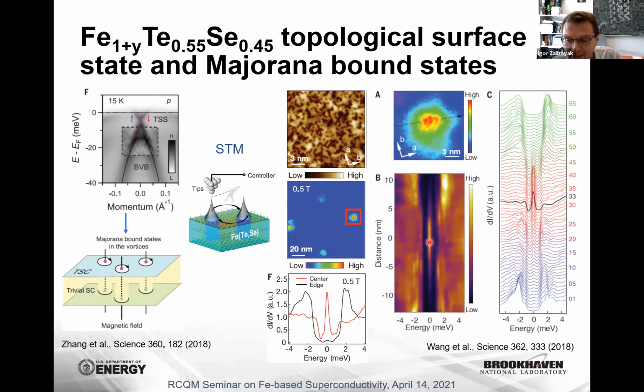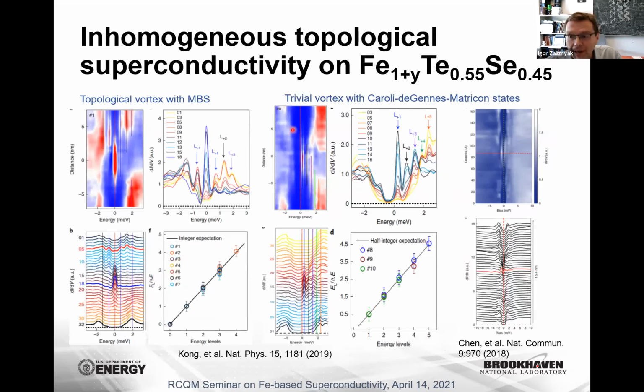And so it would be a total end of the story, except that follow-up work reported that along with the topological vortices that hold the zero bias peak here, as a function, so this is intensity as a function of bias and the position in the vortex core. So you see this is a zero bias peak. There are also nearby vortices which do not show a Majorana zero mode, and so there are trivial vortices corresponding to a regular non-topological superconductor.